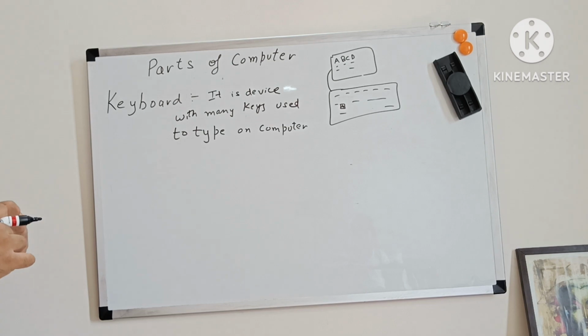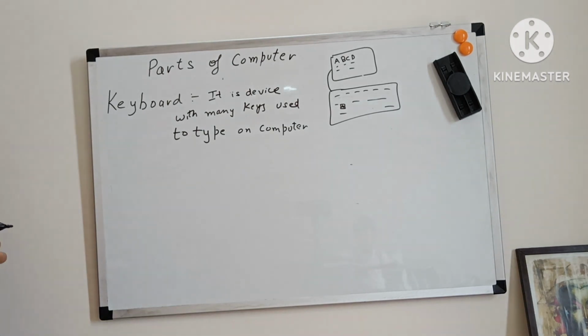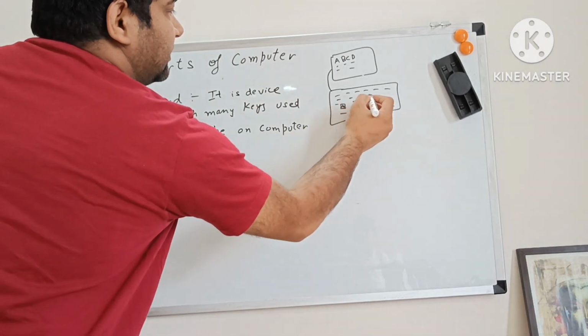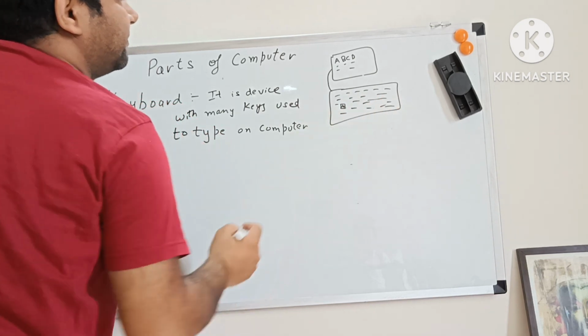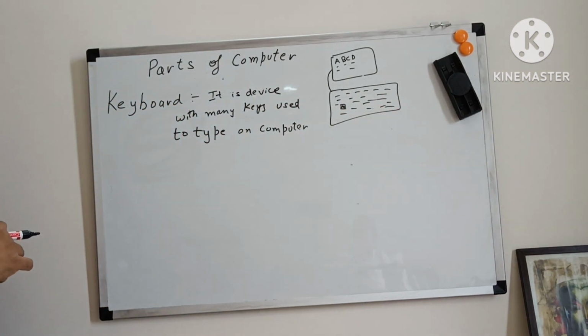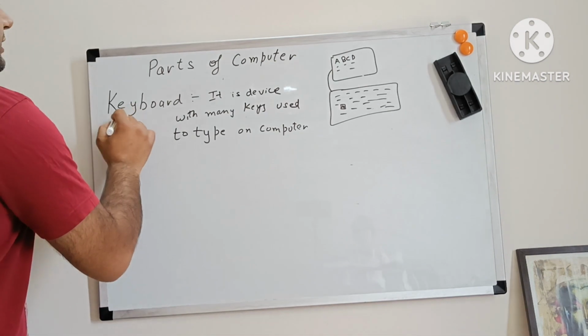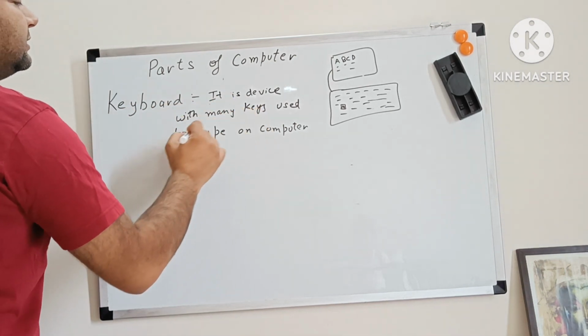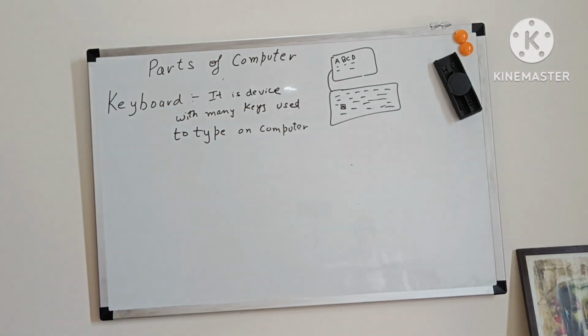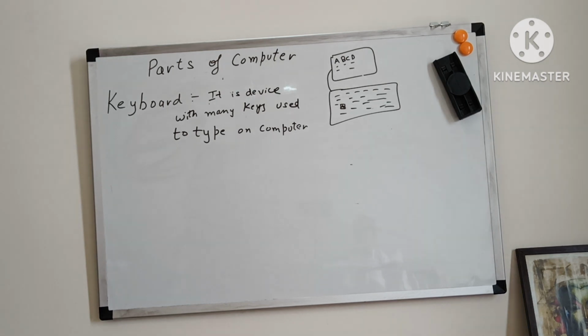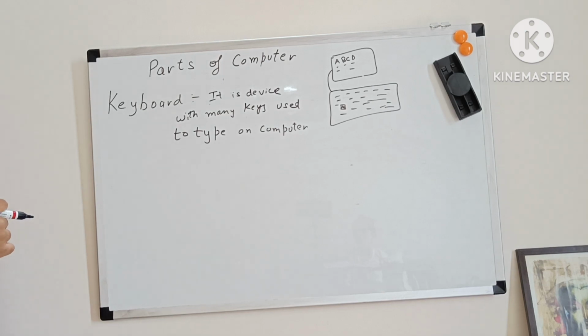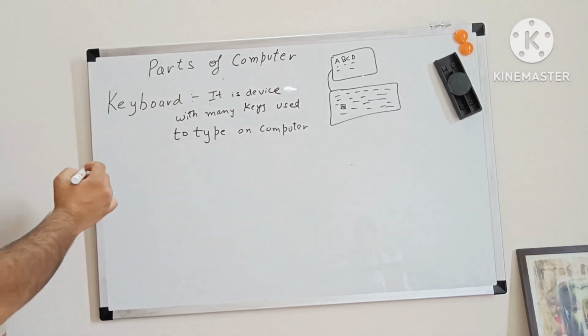Everybody uses the keyboard to type their things, to do their work. So what is a keyboard? It is a device with many keys used to type on a computer. Okay, next is what? Mouse.